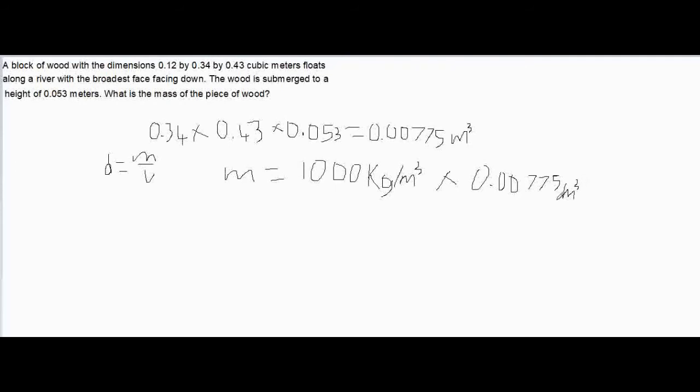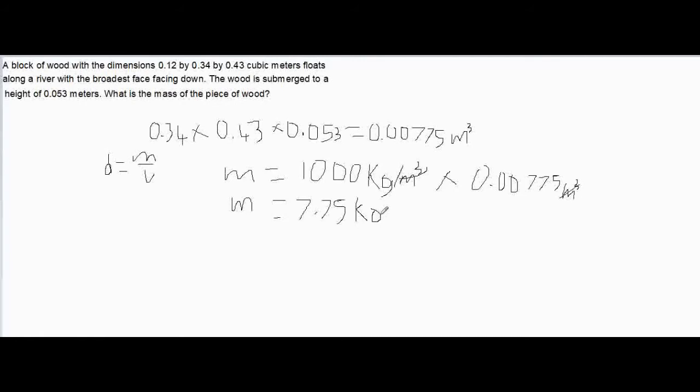So of course cubic meters cancel out, leaving kilograms. And when you multiply this by 1000, we simply move the decimal place, and we end up with mass equals 7.75 kilograms. So this is the mass of the water that's displaced.